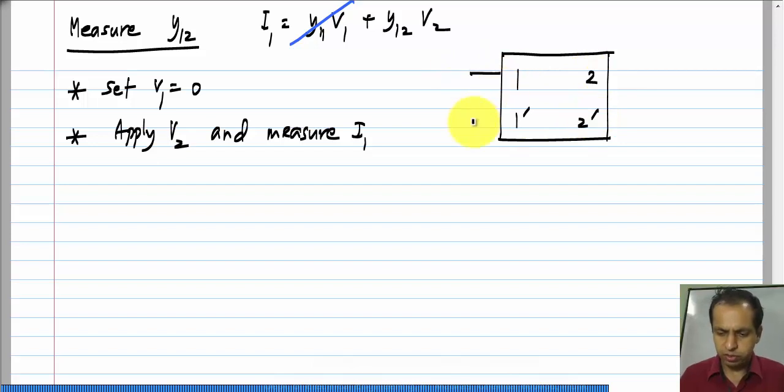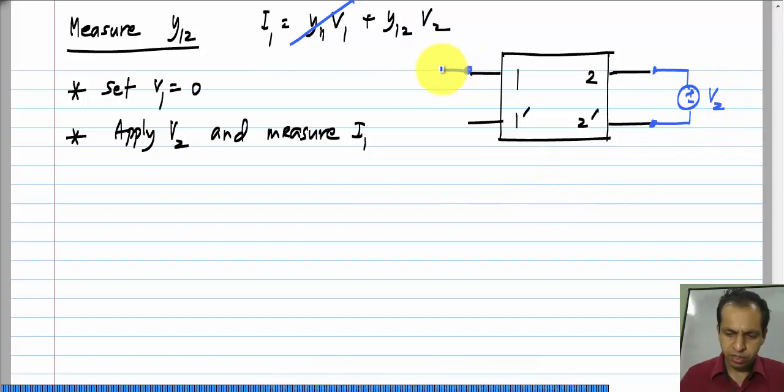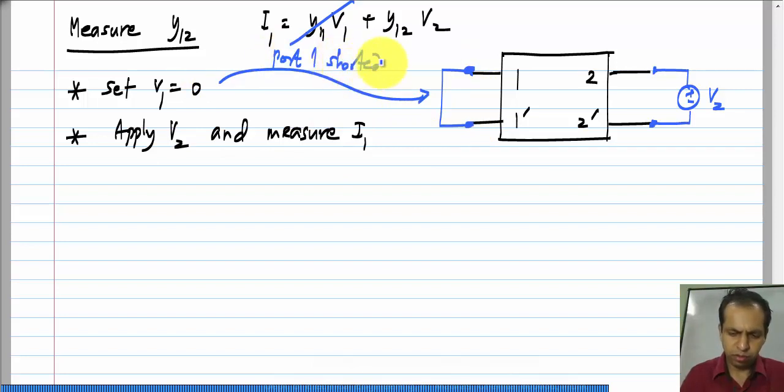Meaning, we have ports 1 and 2. This is V2. We short circuit port 1, that is the meaning of setting V1 to 0. And we apply V2 and measure I1.